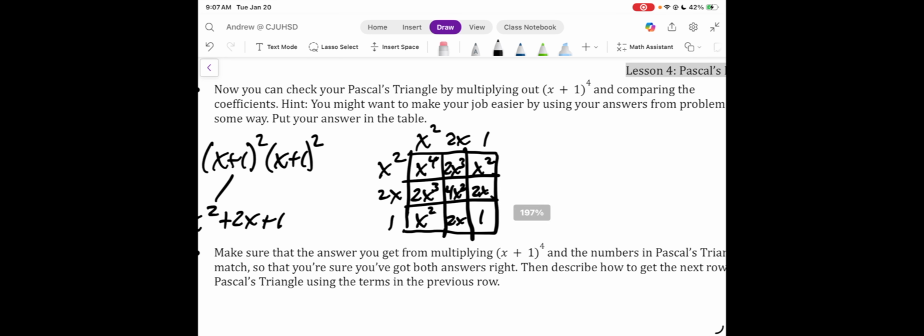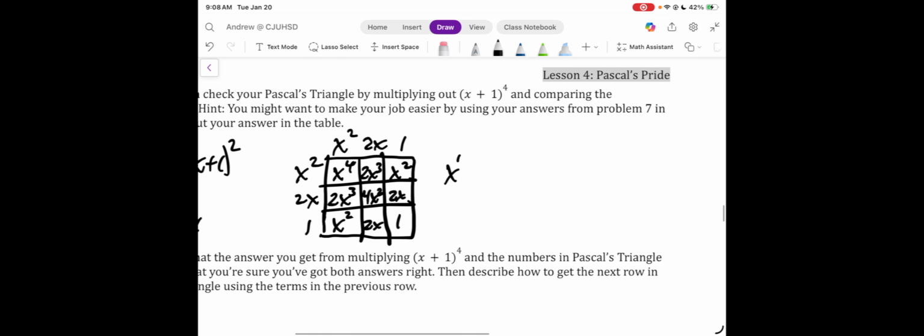And when you take them out of the box, you get x to the fourth. You got 2x cubed twice, so 4x cubed. You got 4 and 1 more x squared, so 6x squared. And then you got 2x and 2x makes 4x, and then just the plus 1. So that's exactly what we put in the table. You notice it's just going down in powers as you go along.